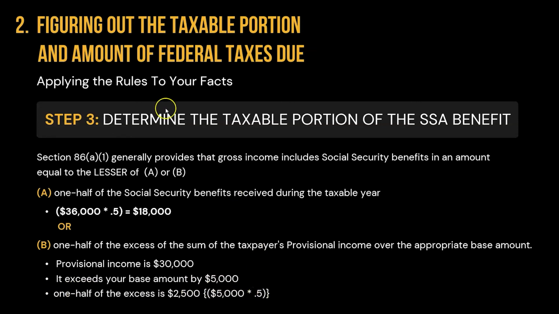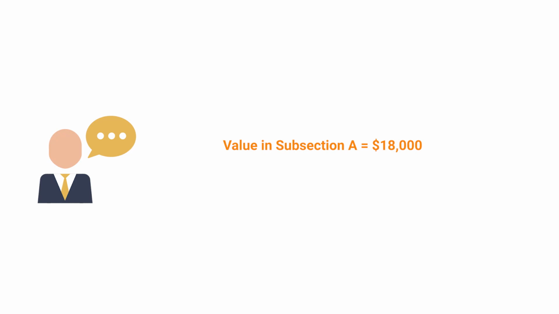Now, let's go back and read the rules again. It says that the portion of the Social Security that you need to include in your gross income is the lesser of A or B. So when we did A, we got 18,000. The final result in B, which is after figuring out the 50% of the excess between the provisional income and the base amount, we got 5,000, and then we multiplied by 50%, right? That gives us 2,500.